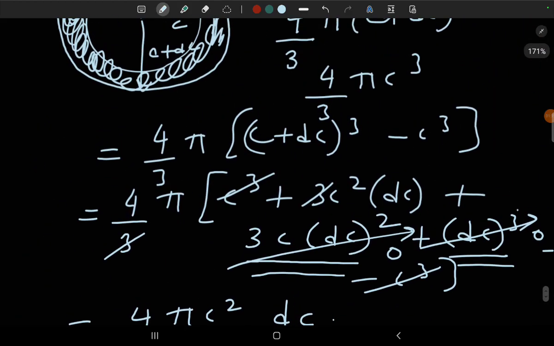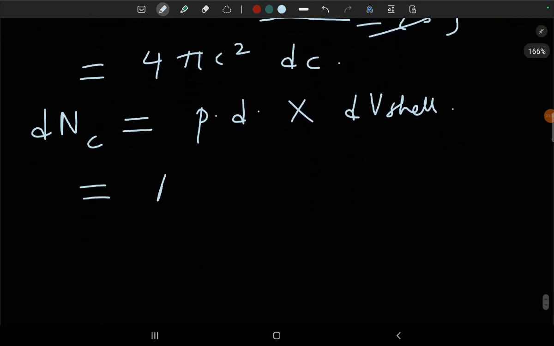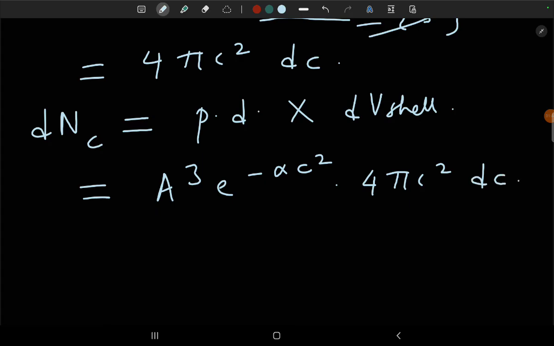Now this point density was actually A cubed e to the power minus alpha c squared, and this dv shell was 4 pi c squared dc. Perfect. So this is the equation that we have right now.